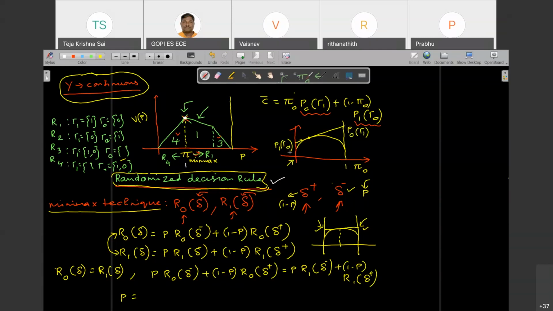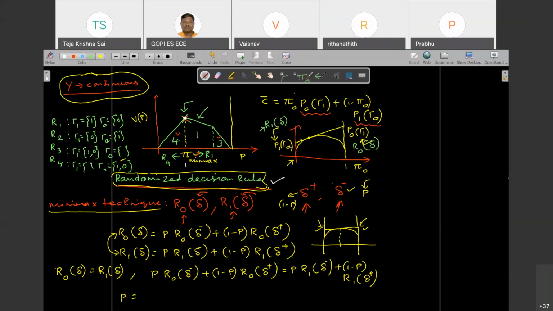This is the conditional cost when 1 is transmitted, and this is the conditional cost when 0 is transmitted. So this one we are writing as R1 of delta, and this one as R naught of delta.